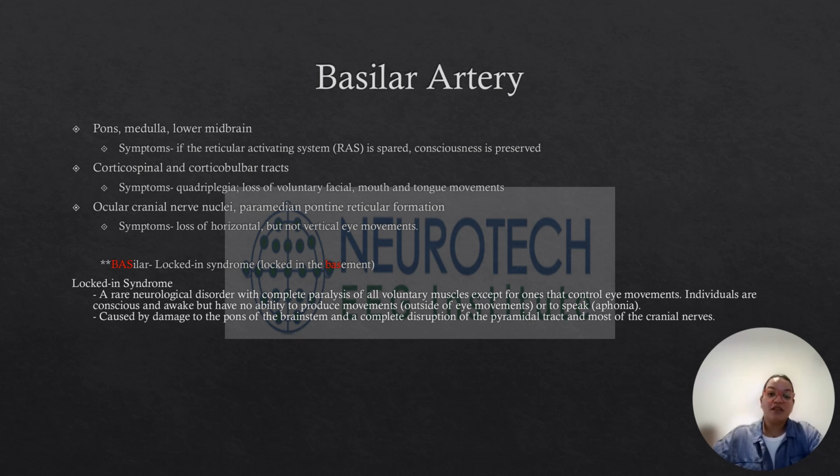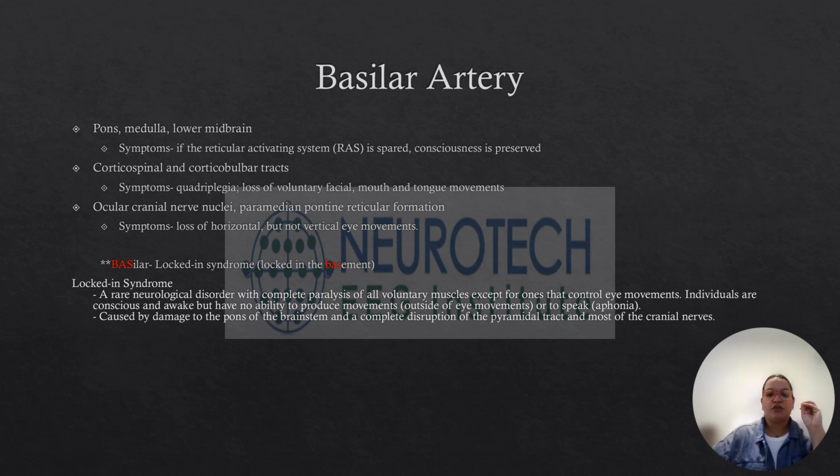So the symptoms, if the reticular activating system is spared, then the consciousness is going to be preserved. And the reticular activating system is going up the medulla as well. So if that part is spared, then the patient is going to be conscious.